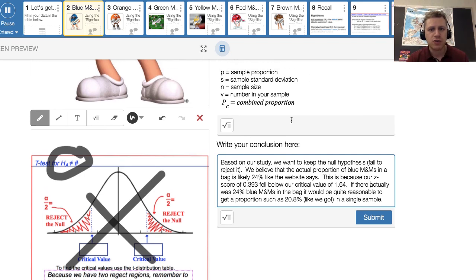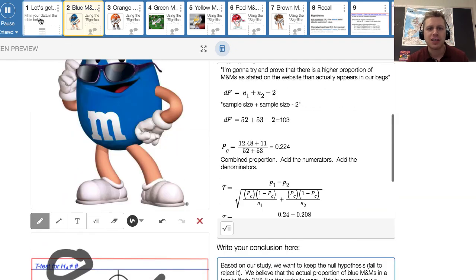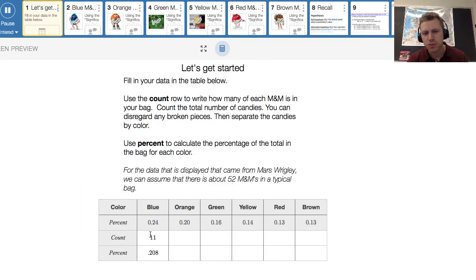So what you would do now is you would go back and finish the chart on slide 1, right? We only did one of them. We did the blue M&Ms. You would go forward and do the same for orange, green, yellow, red, and brown. When you go to do this, there's going to be a lot of similarities because the sample size is not changing. The sample size from the website, P1, is still 52.